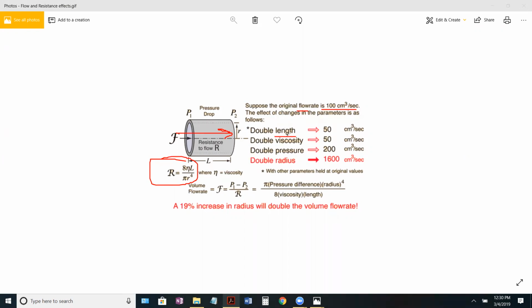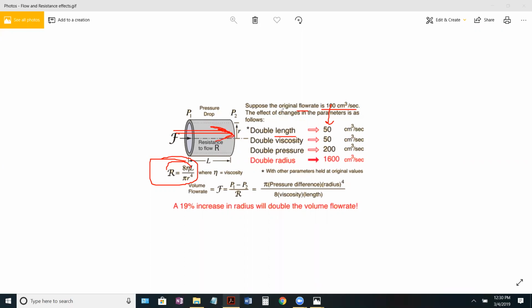If I double the length, so according to this equation, resistance and length are directly linked. So if I make L 2L, so the 100 will reduce to half. That's how we think of the length and its effect on the flow rate. If we double the resistance by doubling the length of the blood vessel, the flow through this blood vessel will reduce to half. Any confusion?